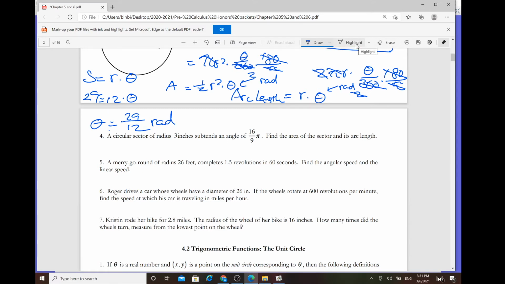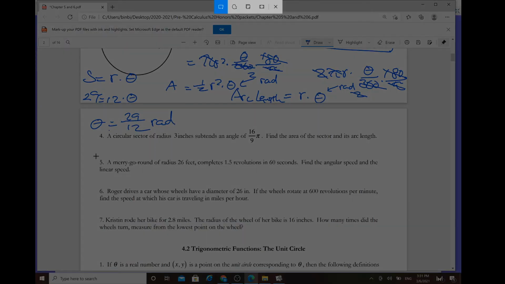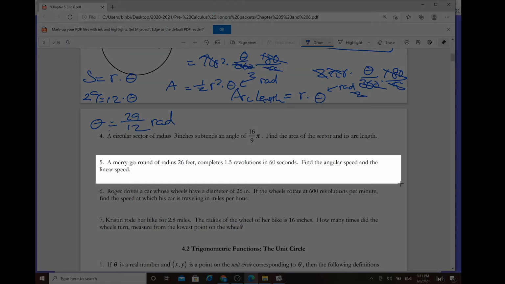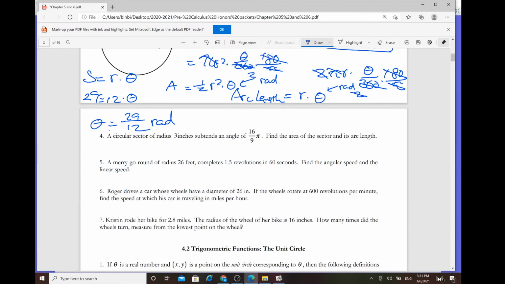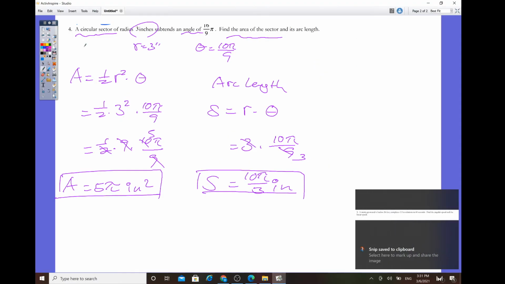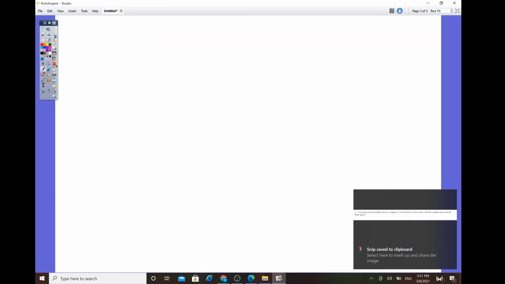So let me just make this one first. Again, something wrong with my keyboard here. Okay, so as I mentioned, for the revolution, linear and angular speed, or the linear and angular velocity.